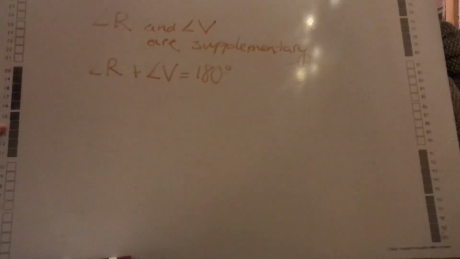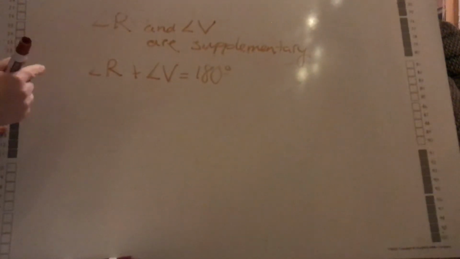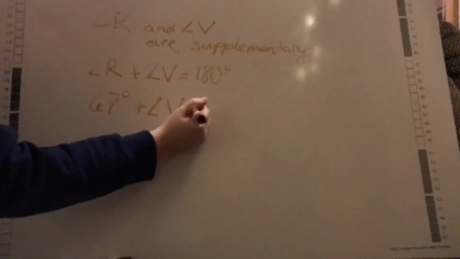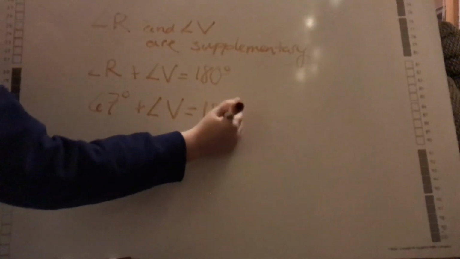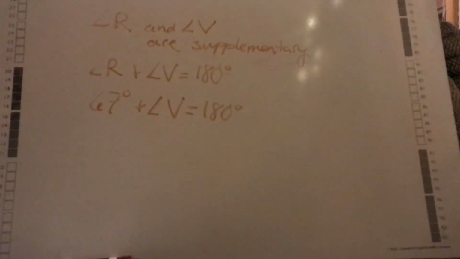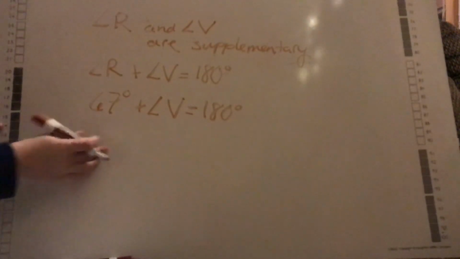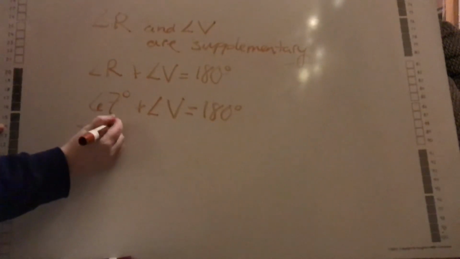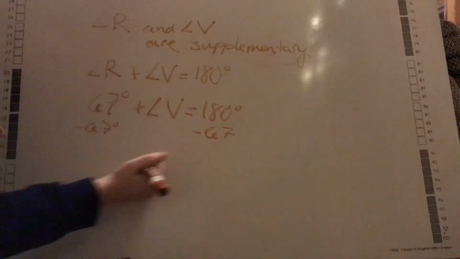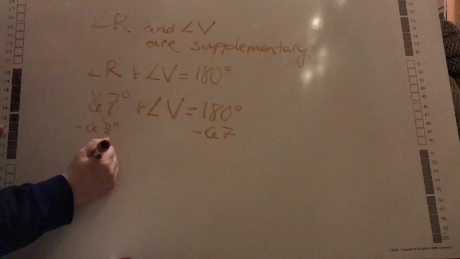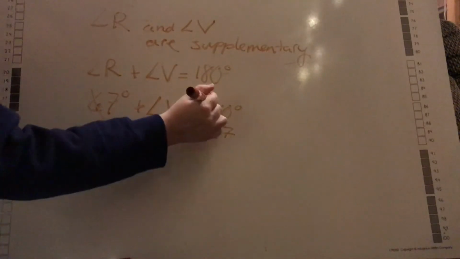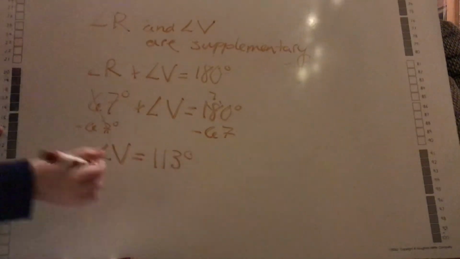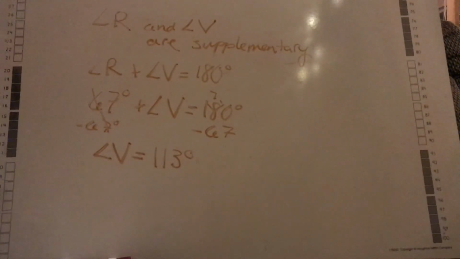Now they give us the measurement for angle R. They say angle R is 67 degrees. But we still don't know what angle V is, but we know when it's added to angle R that it's 180 degrees. So we would solve for angle V, and we would subtract 67 from each side. That would cancel out, leaving angle V equals 10 minus 7 is 3, 7 minus 1 is 1. So angle V equals 113 degrees.